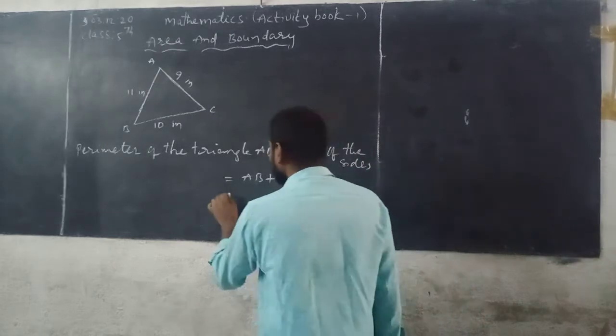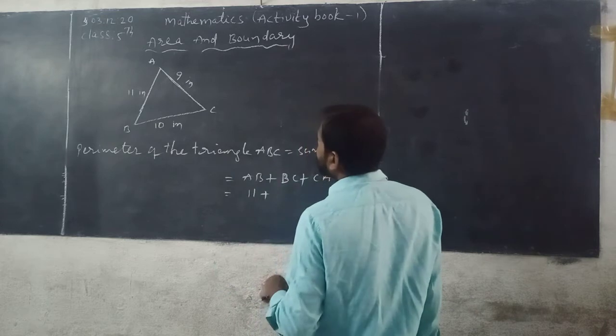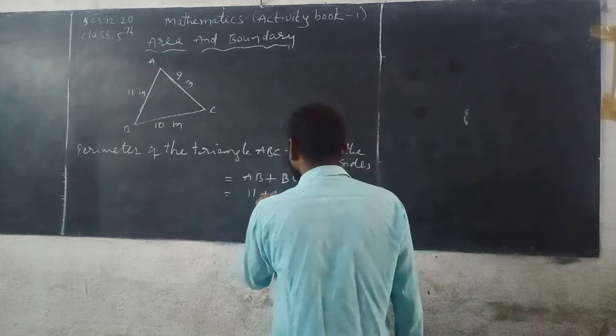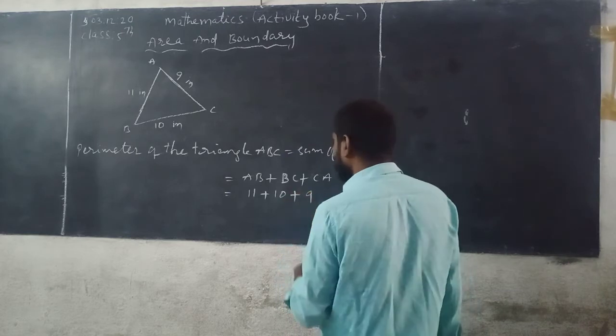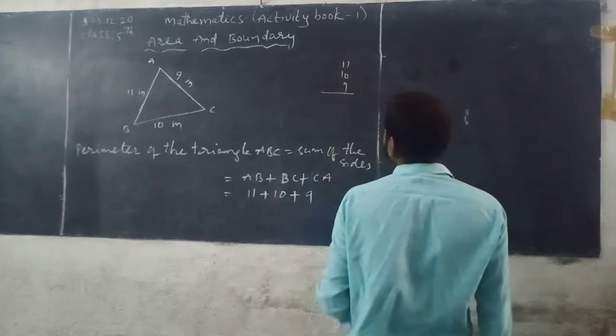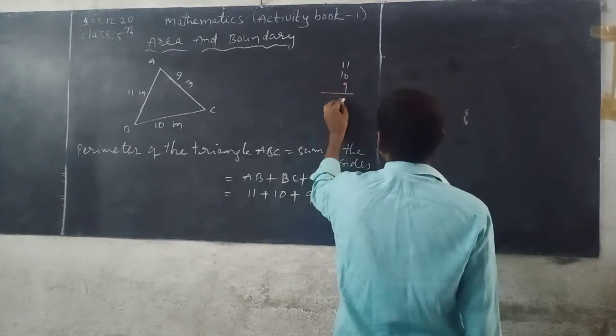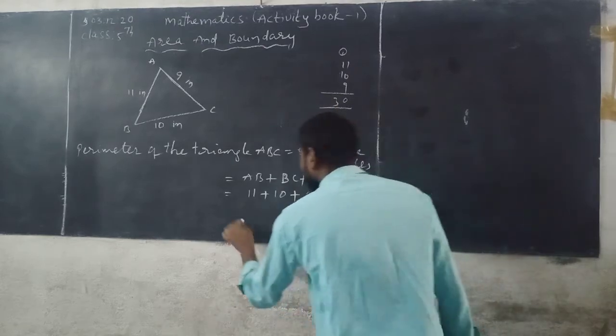You can write AB is equal to 11 inches plus BC is equal to 10 inches plus CA is equal to 9 inches. 11 plus 10 plus 9. See here, 9 plus 1, 10, 0 taking, 1 carrying, 1, 2, 3, 30 inches.